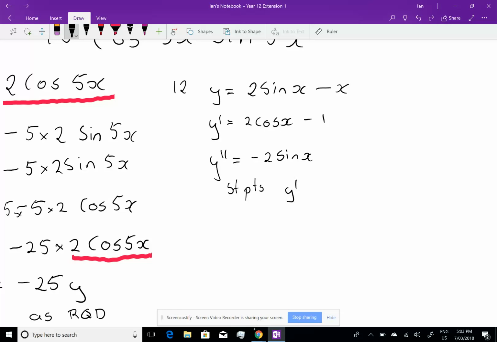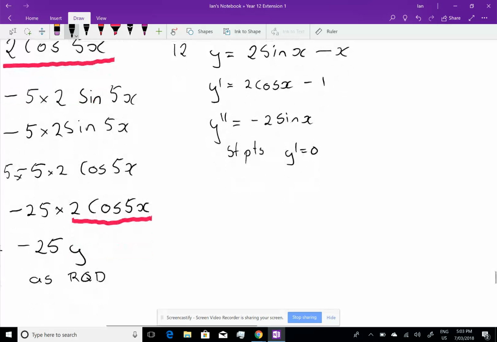Well, stationary points are when y dash equals 0. So 2 cos x minus 1 equals 0. 2 cos x equals 1, divide by 2, cos x equals a half.